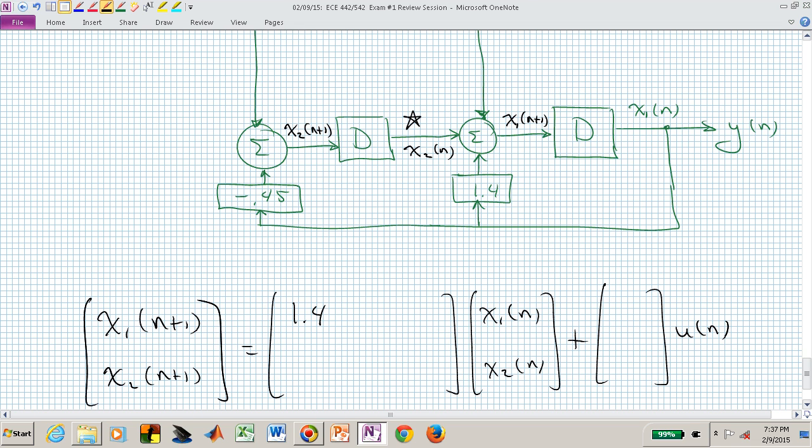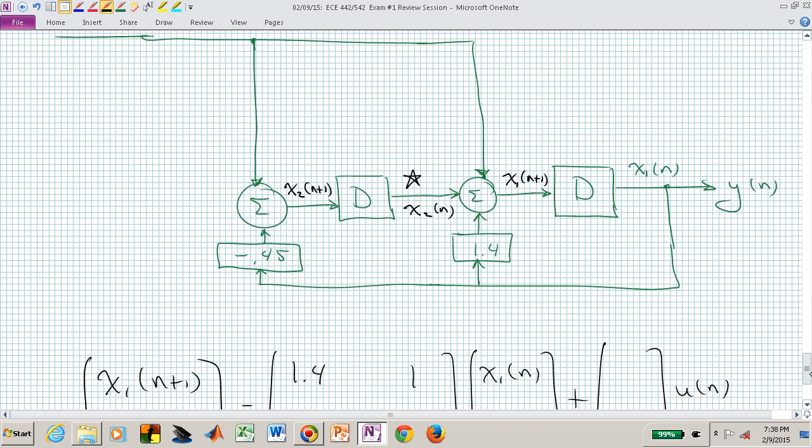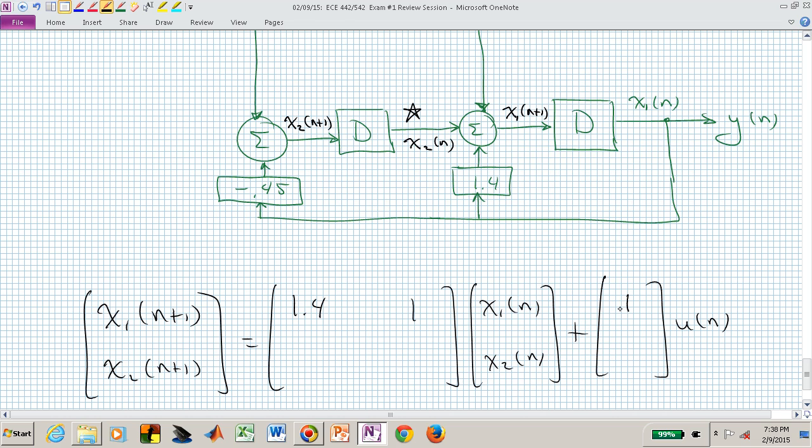And I can pull that up by simply putting a 1 in that system matrix to pull off x sub 2 of n. And I also have the signal coming in vertically from the top, and that's just u of n. What is x sub 2 of n plus 1? I hope you see that it's minus 0.45 x sub 1. There's no x sub 2 of n feeding directly back into that summing junction, and there is a u of n.